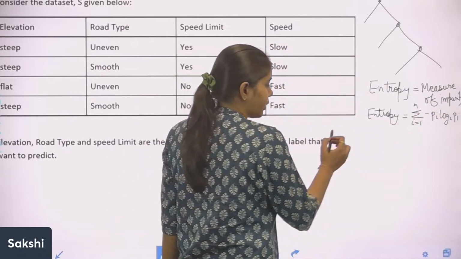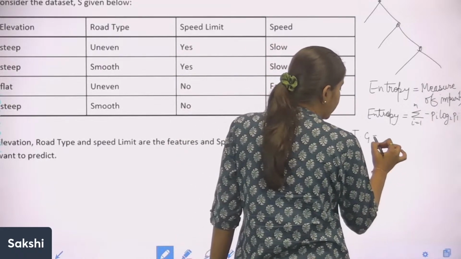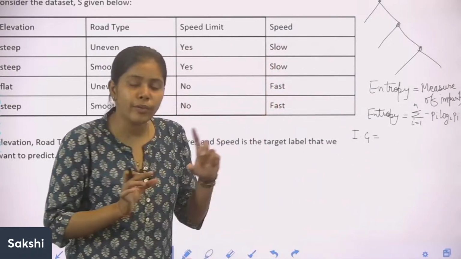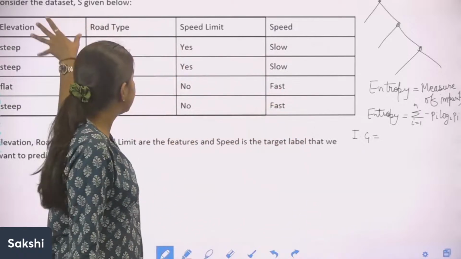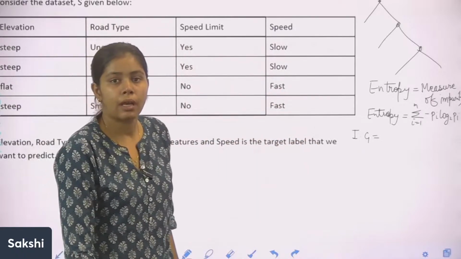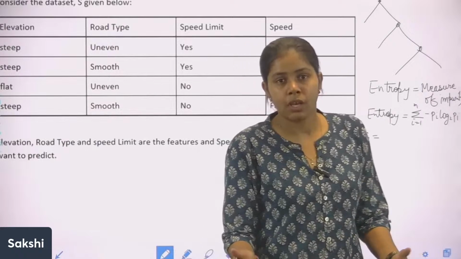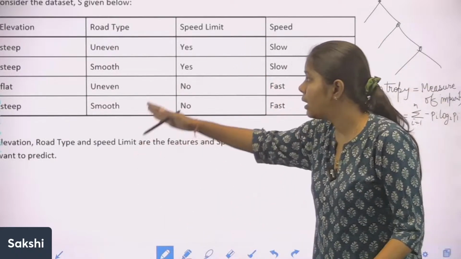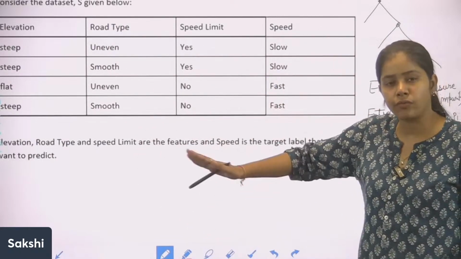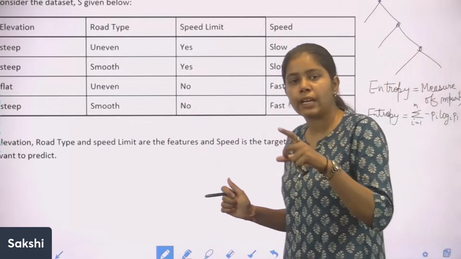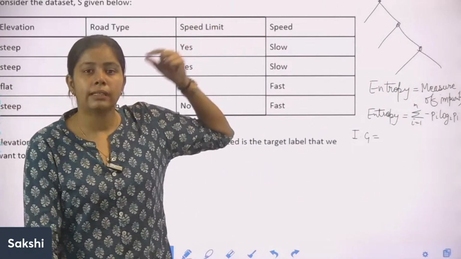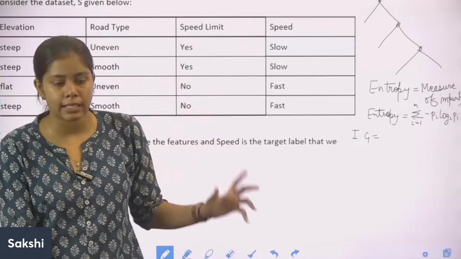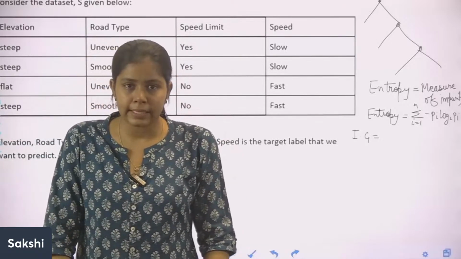That is your entropy. And if I talk about information gain, using entropy we are going to find information gain, and information gain basically tells us which feature is going to give us maximum information. So higher the information gain, higher the importance of that particular feature. So I'll take the feature which has highest information gain for my decision tree at the initial stage, right?